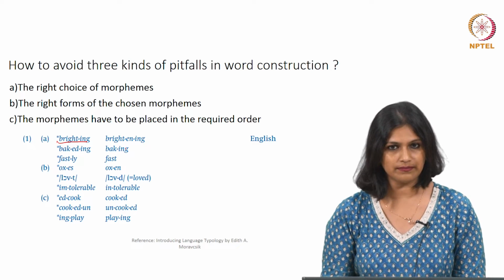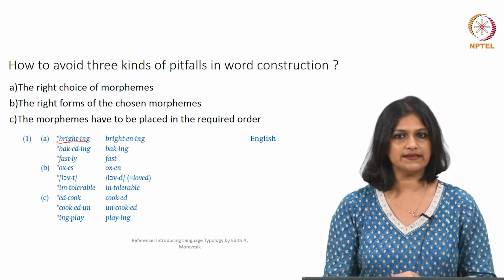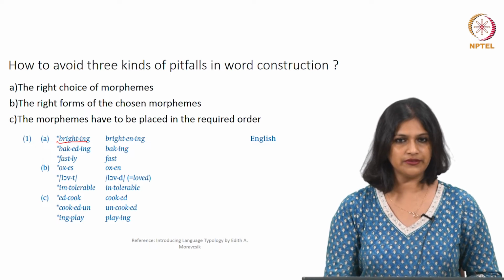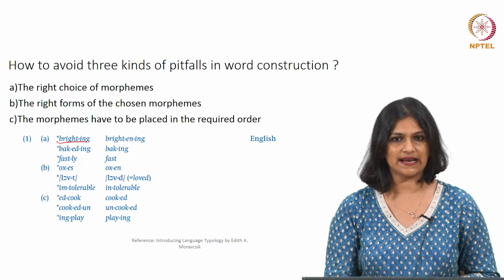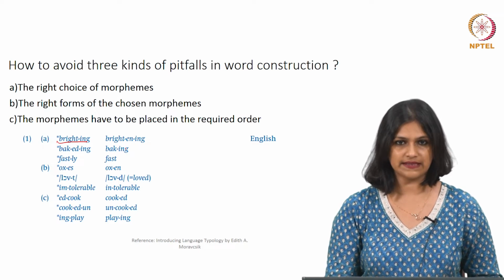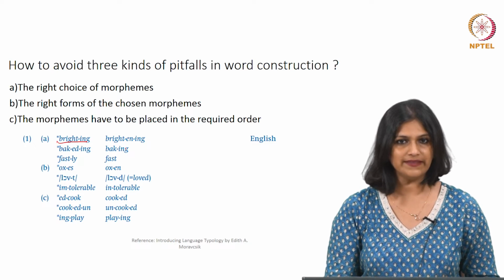So, take half a minute and then think about it. The 3 categories that I have listed here: right choice of morpheme, right form of the chosen morpheme and right order of the chosen morphemes. So, which one is actually violated here? If you look at the data carefully, you will see that it is actually the first one which has been violated.